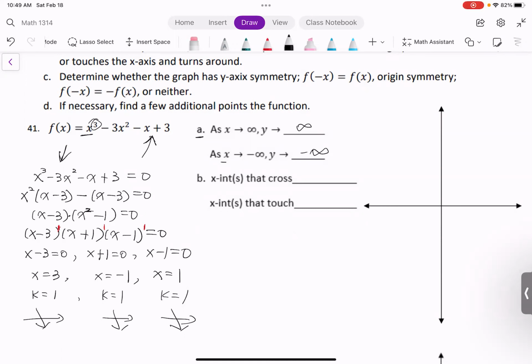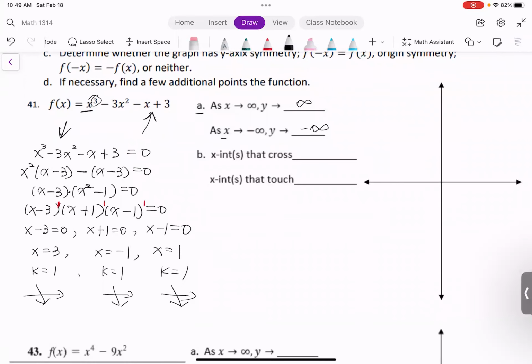So these 3 points all cross the x-axis. We list them in the set: 3, -1, 1. Or if you want the order -1, 1, 3, it's totally fine.